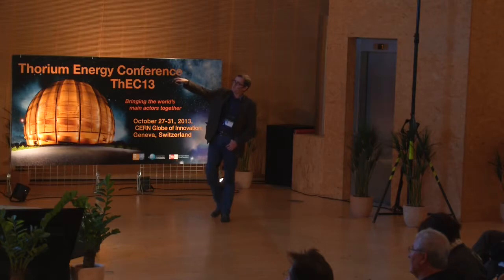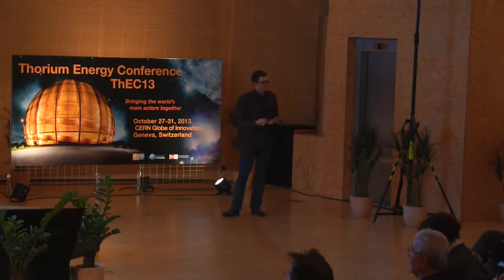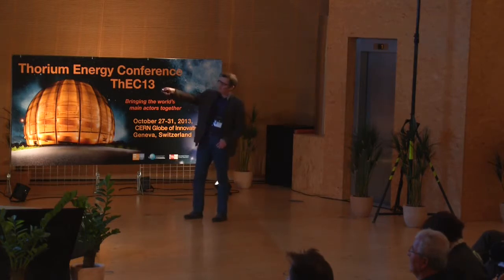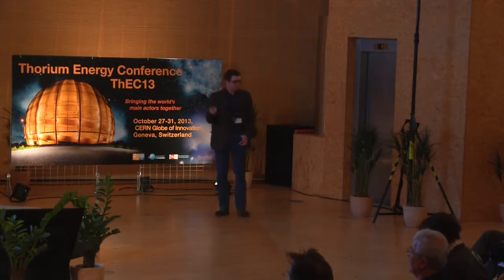And the red bar shows us the contribution of different isotopes to fission. To production, like 20%, almost 20% of all neutrons produced by fission of uranium-238.